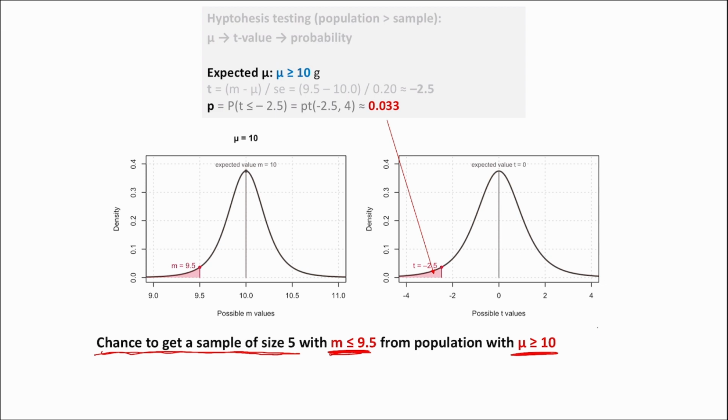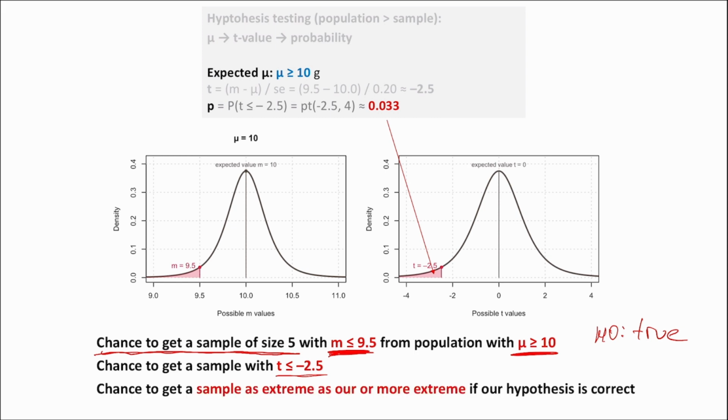So it means that if the null hypothesis is true, that's the probability to get a sample with 9.5 grams average sugar content or smaller. Or you can interpret this as a chance to get a sample with t-score equal to or smaller than minus 2.5. Or it's a chance to get a sample as extreme as ours or more extreme if the null hypothesis is true.